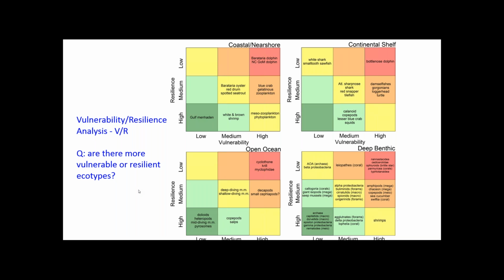But it seems like there's a fair smattering of both vulnerable and resilient populations throughout these ecosystems. And so classifying them by habitats is probably not a clean way to do this, in that you really have to know the details of the species as well as the habitats themselves.